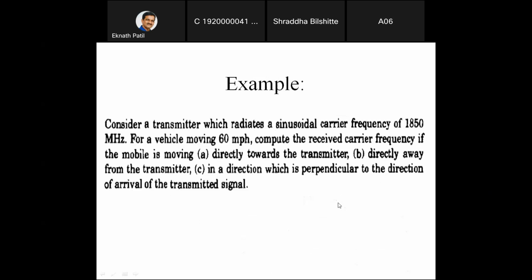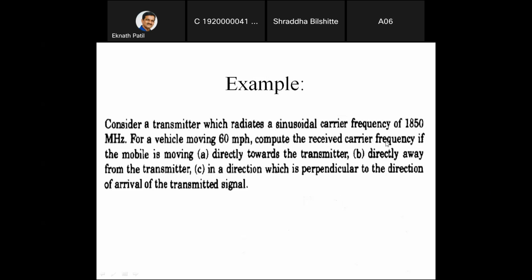All of you take the notebook and pen. Write this problem and solve it. Consider a transmitter with a radiated sinusoidal carrier frequency of 1850 megahertz, for a vehicle moving at 60 mph, miles per hour.